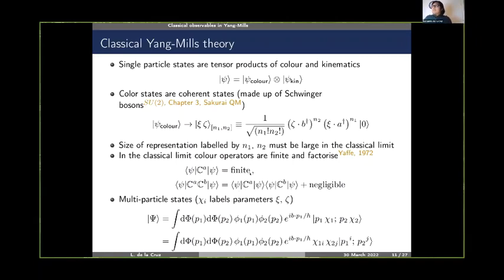But for that to happen, the size of the representation that I'm choosing must be large. Here, my irreducible representation is labeled by N1 and N2. The property that this product is finite means this expectation value is proportional to h bar and some N1, so when you take the classical limit, this quantity must be large.